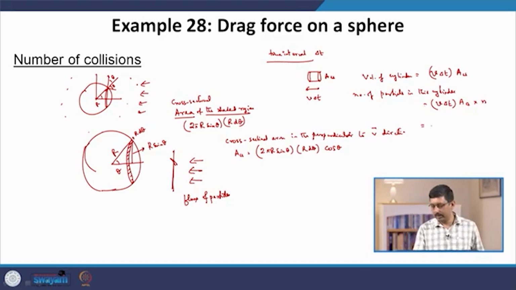So, all these particles are going to collide with the sphere in this particular time interval delta t. So, this is the number of collisions.